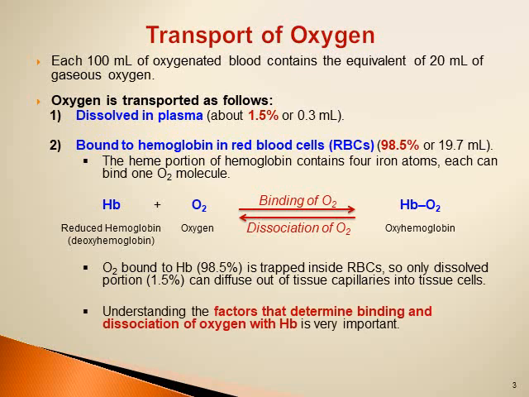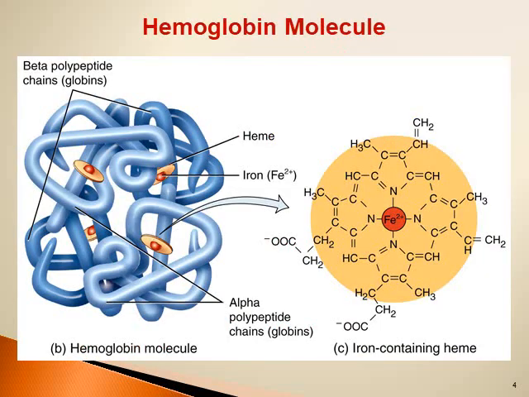Understanding the factors that determine binding and dissociation of oxygen with hemoglobin is very important, because the red blood cells in the peripheral tissue have to release the oxygen bound to hemoglobin to the plasma, and then from the plasma to the peripheral tissue cells.